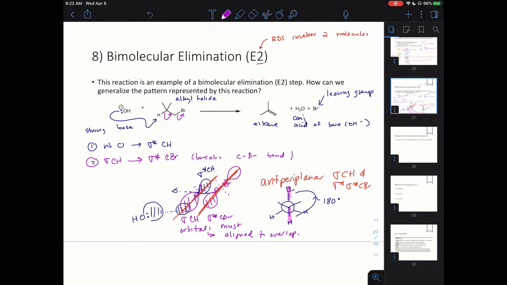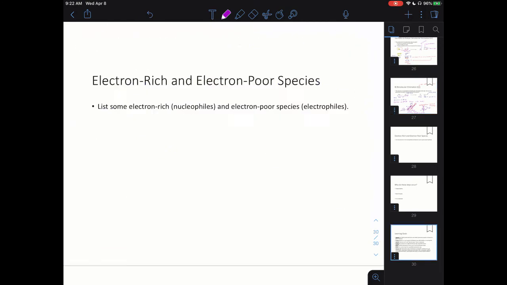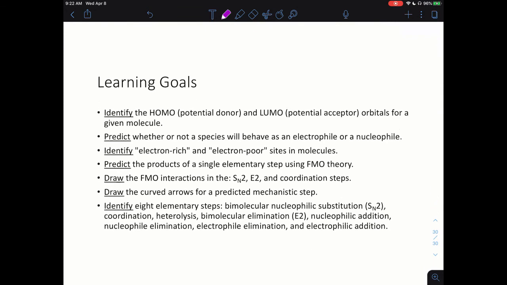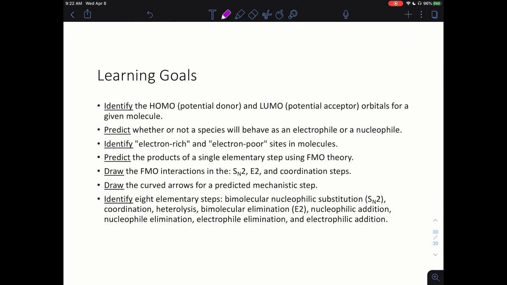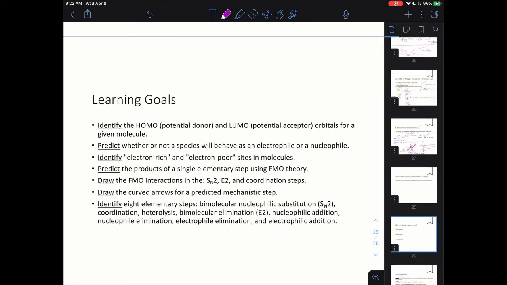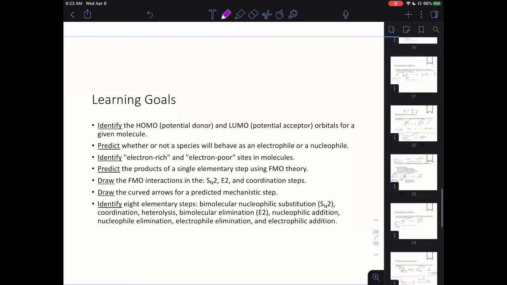I do want to talk about electron-rich and electron-poor species and think about why these steps occur. But let's first check in with our learning goals. Can we identify the HOMOs and LUMOs for a given molecule? Hopefully we can. That's when we talked about either the hard way or the easy way.